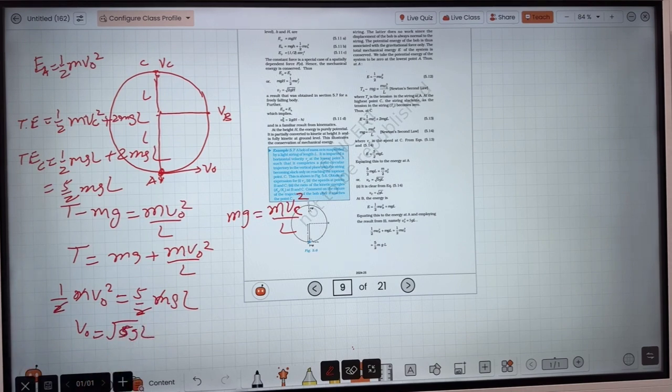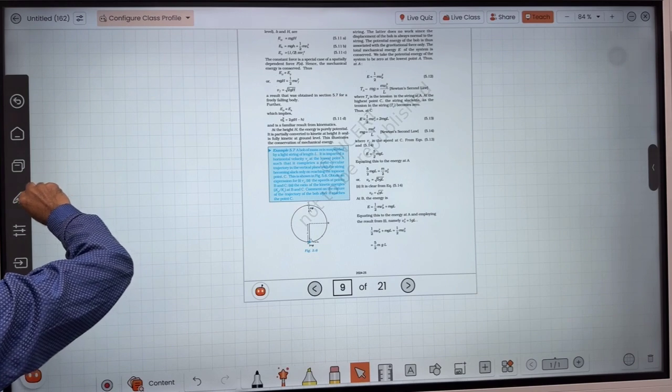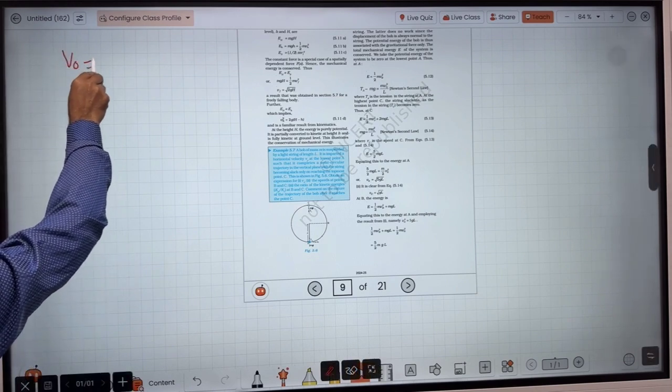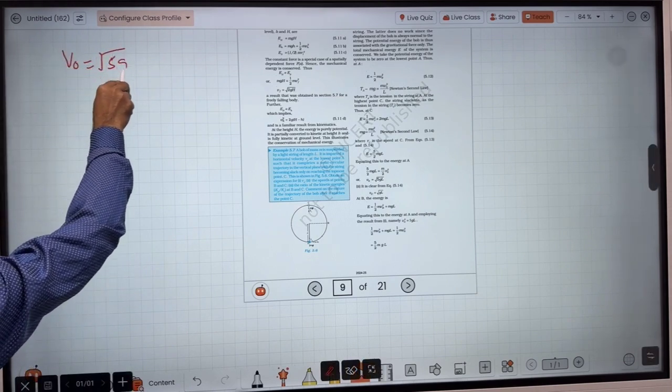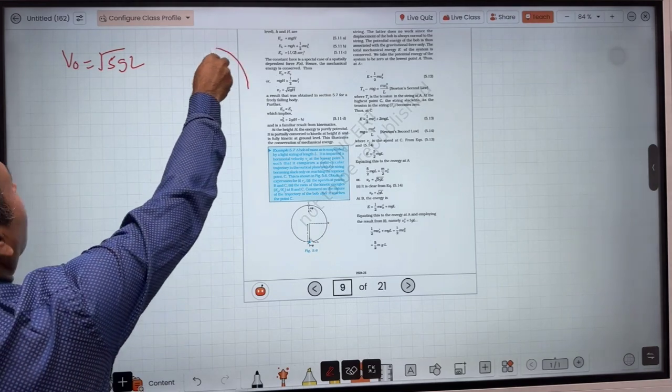So we have got the value of velocity at the lowest point, v0 equal to root 5gL.